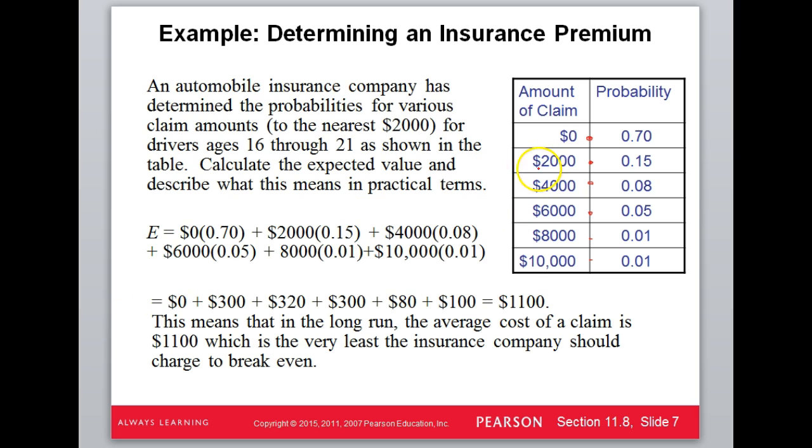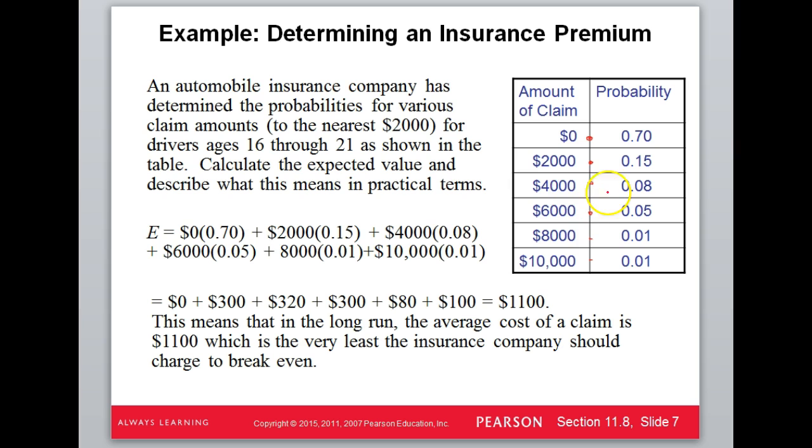to kind of offset. Yeah, most of the time they're not going to have to pay out, but occasionally they are, and occasionally they're going to have to pay out big. So if this were 100% of the time, then they could break even with never having to pay out anything.